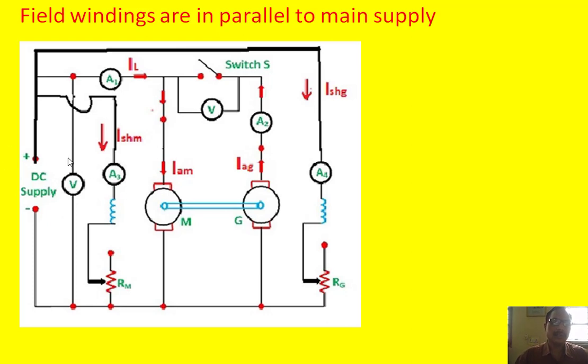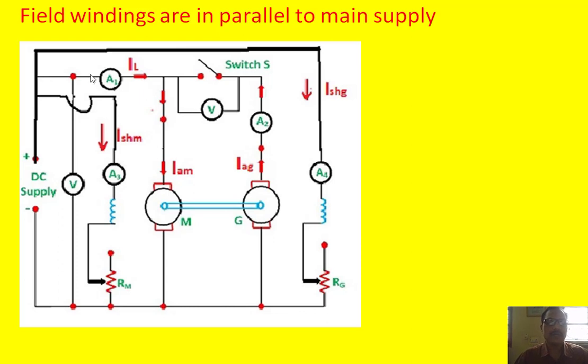Then this is the supply, and this is the voltmeter connected across the supply to measure the supply voltage. This is one terminal of the field winding circuit, and this is the other terminal of the field circuit connected across the supply.